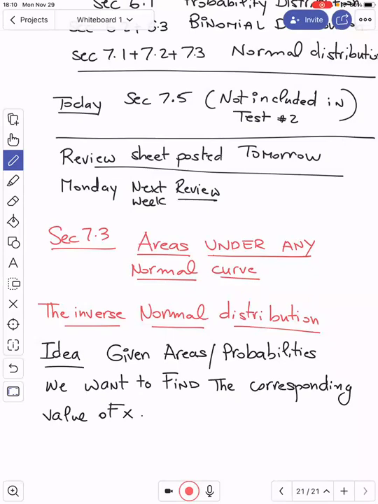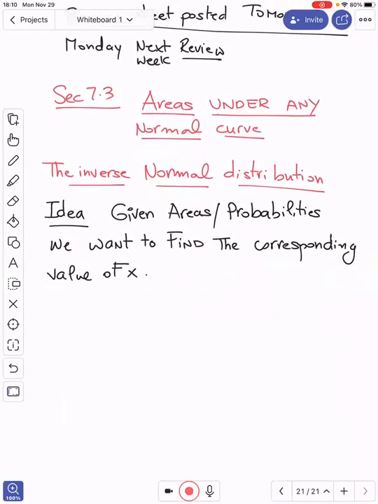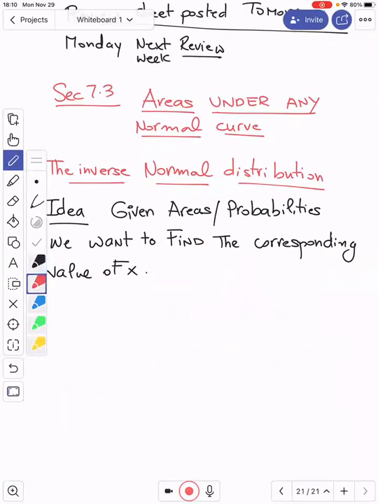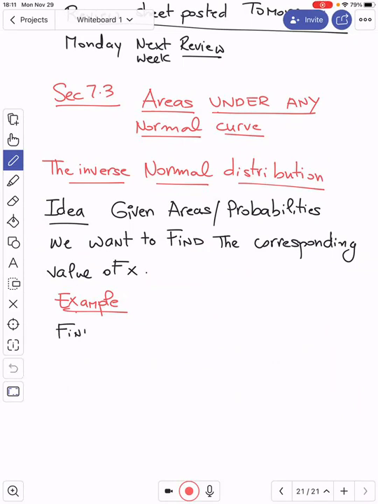So, just to remind you the example we discussed Wednesday last week, just remind you the steps, and then I can go over the exercise. So, for example, let's say you want to find the value of x.